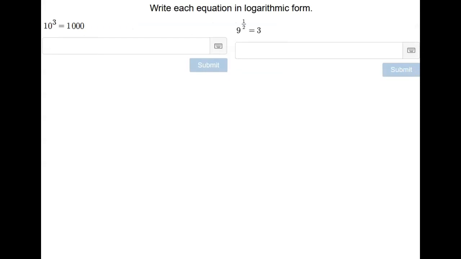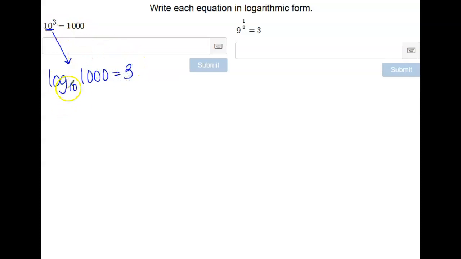So now we're going to turn this around and we're going to write each equation in logarithmic form. So we're just going the reverse direction from the last problems that we were doing. So again, I have 10. That's going to become the base on my log. So this will be log base 10. And then these two just switch places. So this is going to be 1,000. And then this is going to be what it's equal to.